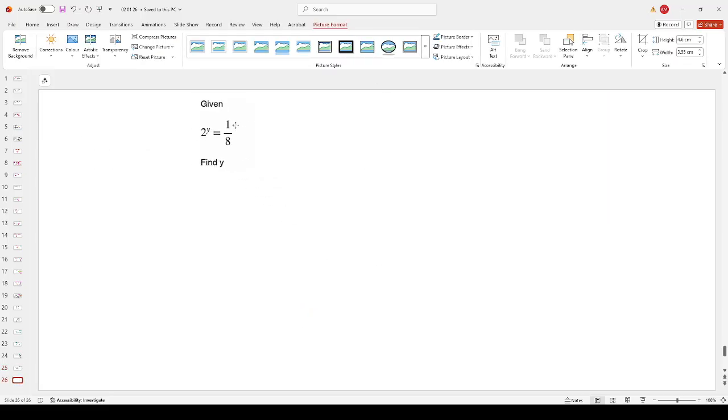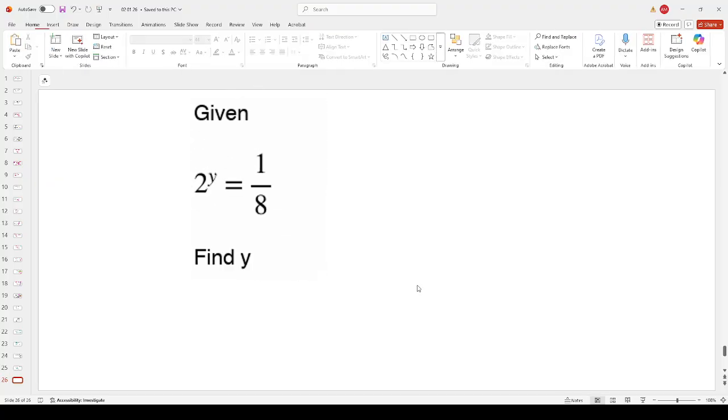Okay, let's go. So given that 2 to the power of y is 1/8, find y. This is like indices.